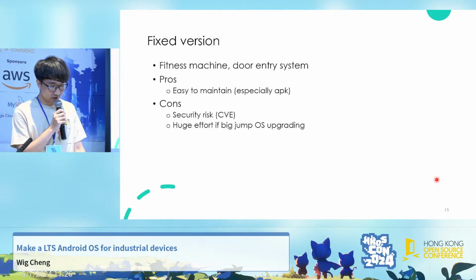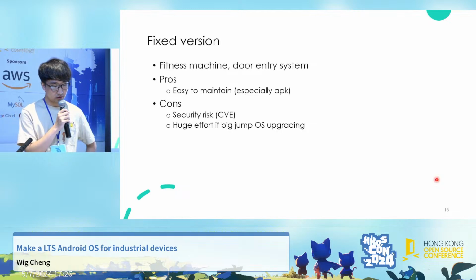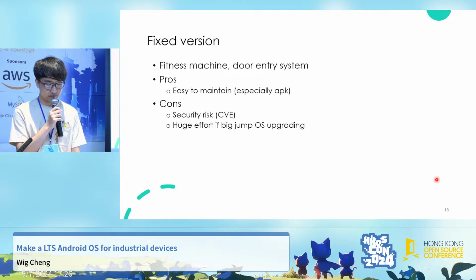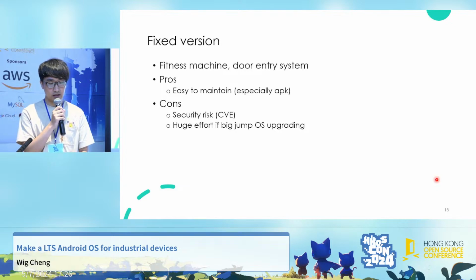Okay, let's check the first kind of customer. Choose fixed version. It's used for finished machines or door entry systems. The pro is it's easy to maintain because the OS is a fixed version. Especially apps, this kind of customer always has their own app.